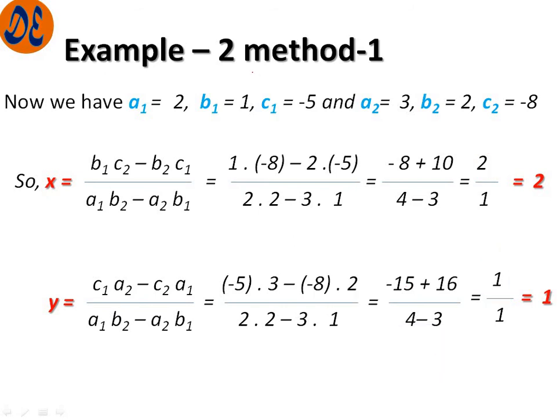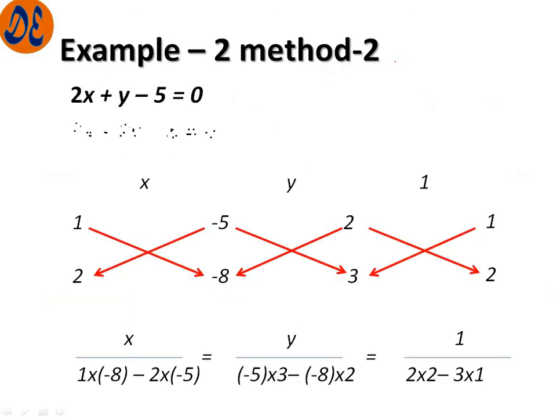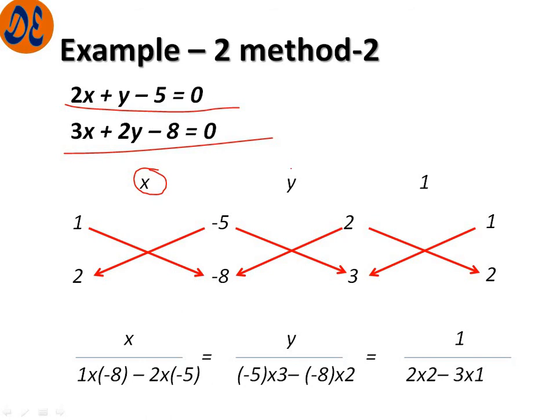Now we have obtained this with method 1, that means if we know the formula. But suppose you don't remember the formula, then we will do it in the expansion way. These equations are given. From here we will write x, y and 1. Now for x we will take these two values. This is the b part, so first we write the b part: 1 and 2.